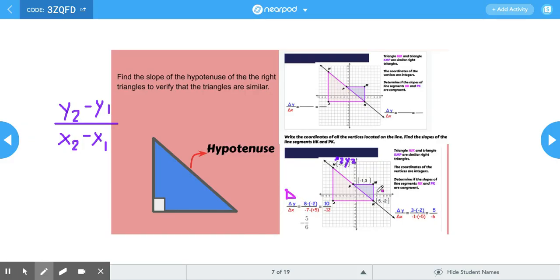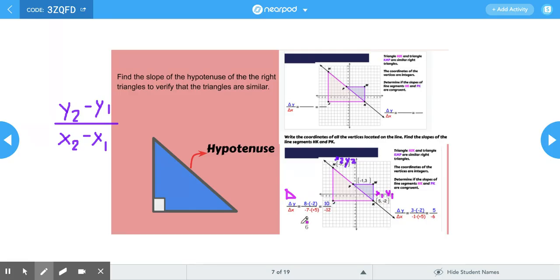So the 5 is going to be the x1 and the negative 2 is going to be the y1. So I have 8, which was our y2, minus our y1, which is negative 2. So we have 8 minus negative 2 on top. And then we have negative 7, which was our x2, minus 5, which was our x1. So 8 minus negative 2 becomes 10, and negative 7 minus 5 is negative 12.